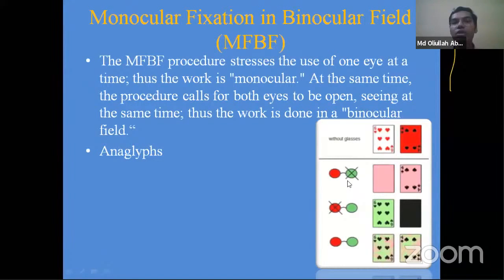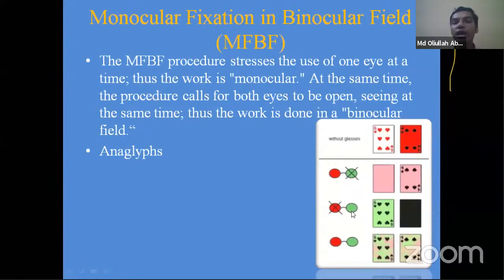The moment you put the filter on, when the red filter is on and covers the green one, you don't see what is there on the white background. It is neutralizing. On the other hand, the eye with the red filter and the red background can see the black things which are there.